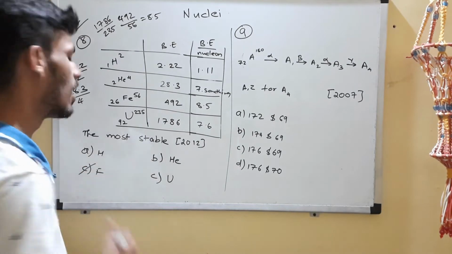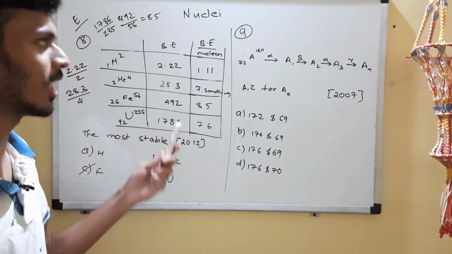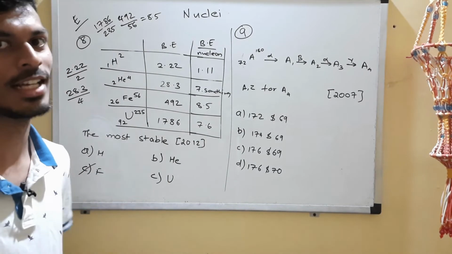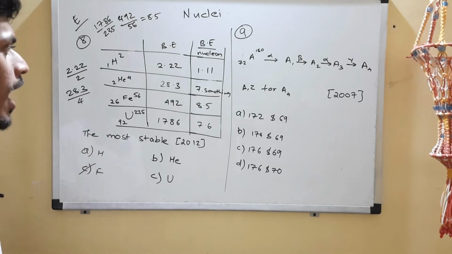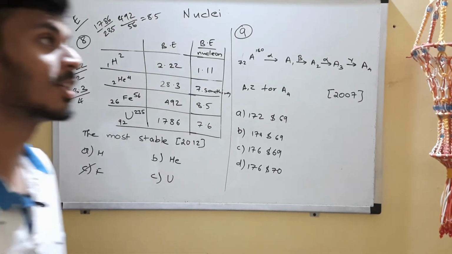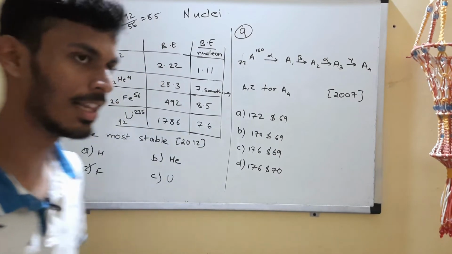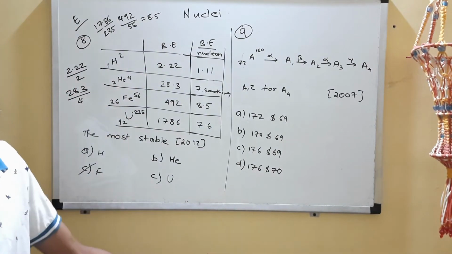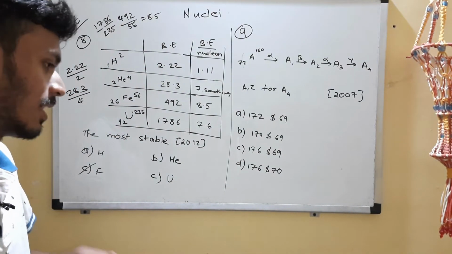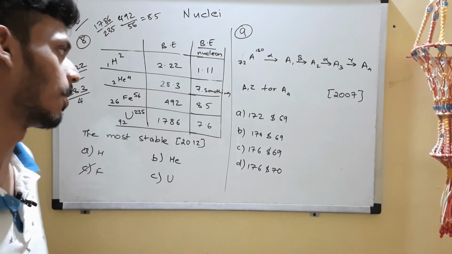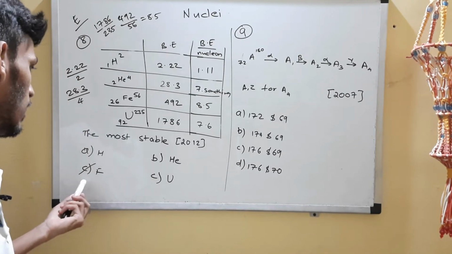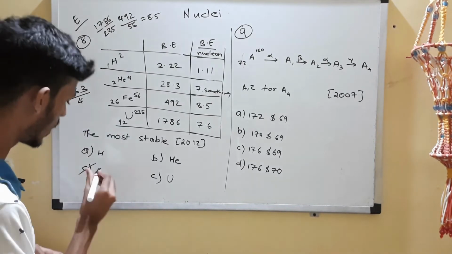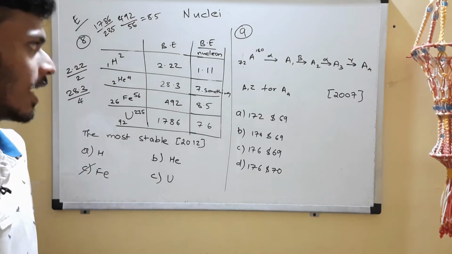Iron has the most binding energy per nucleon and hence will have the highest stability, right? So if you know the stability curve, you could have directly known that iron is the most stable nucleus out there. So yes, iron, Fe, is the correct choice over here.